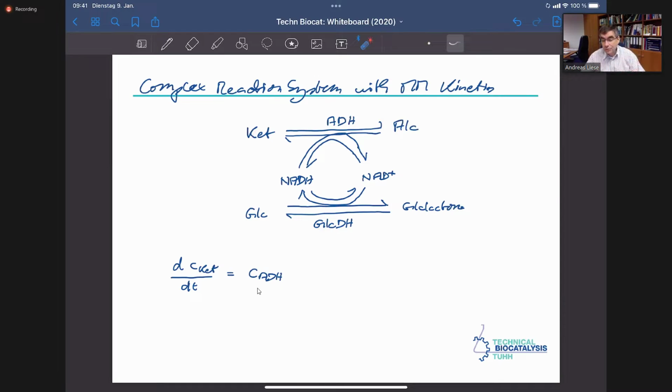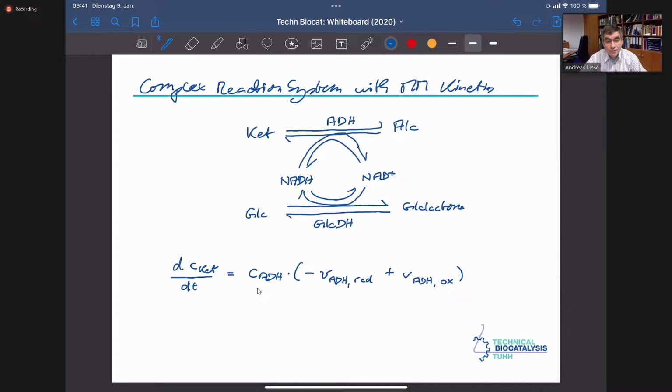Therefore, it's just one concentration, but two rates we now need to consider. Namely, now we need to consider the rate of consumption of the product by ADH in the reduction mode plus the rate of the ADH in the oxidation mode.